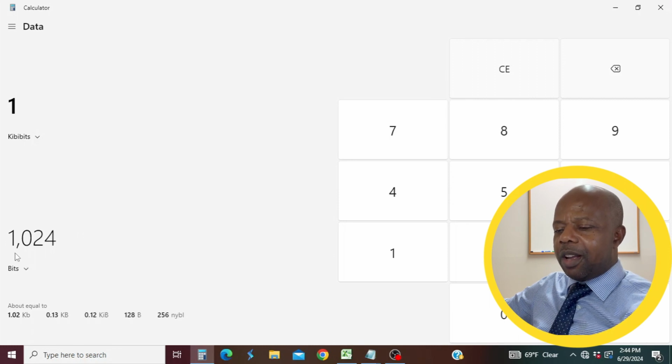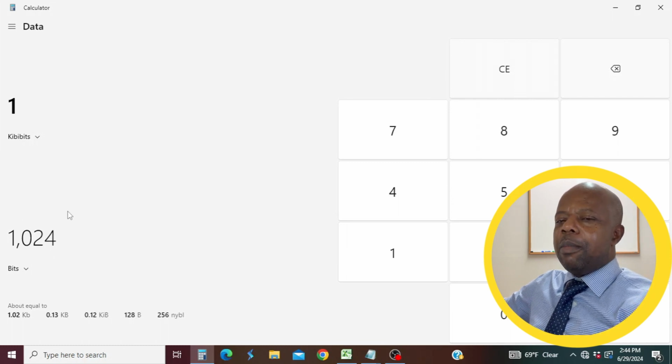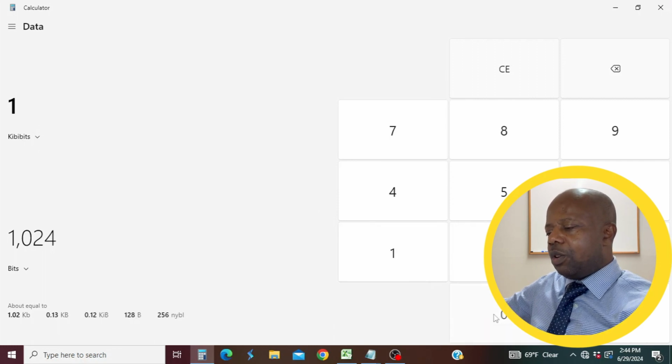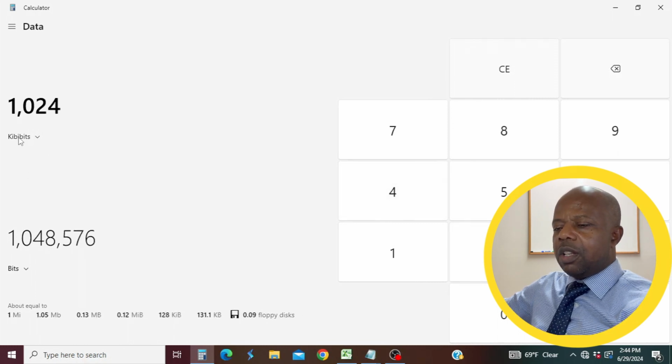So this number is actually kb. If you want to see this number times this number, 1024 times 1024, that will be megabits. So 1024 kbps will be equal to 1 megabit. So this number times this number will be bits.